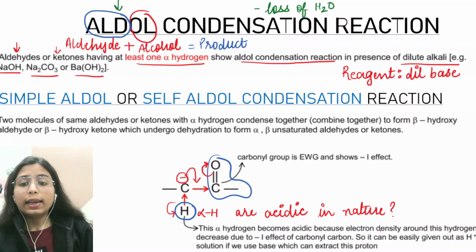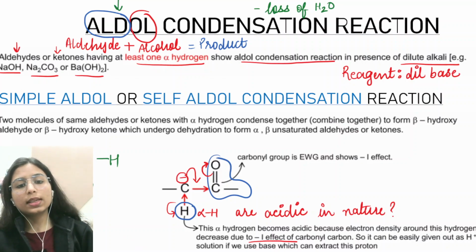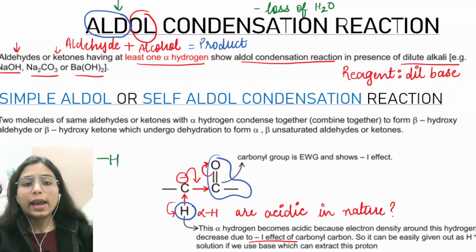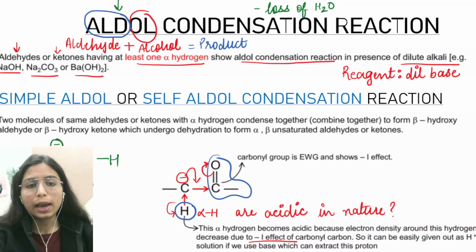Why? Because the electron density around this hydrogen decreased due to the minus I effect. You can also relate it with the minus I effect, that C double bond O groups in general are electron withdrawing groups. So this is your inductive effect. It is due to this that they pull electrons towards themselves, and hence the negative charge generated after the removal of this hydrogen becomes stabilized.